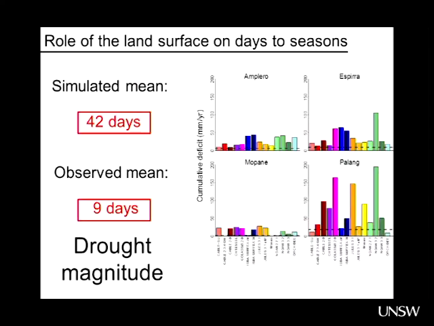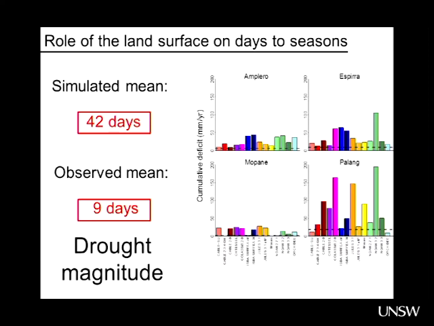We can also do it on magnitude of drought. The models suggest the various CMIP5 models are in drought for 42 days. The observed is 9 days. Models struggle with the magnitude of drought. This all feeds back into soil moisture, and this is all about how well the land surface schemes can deal with the amount of energy they get, the amount of rainfall they get, and partitioning that intelligently to simulate phenomena like this.